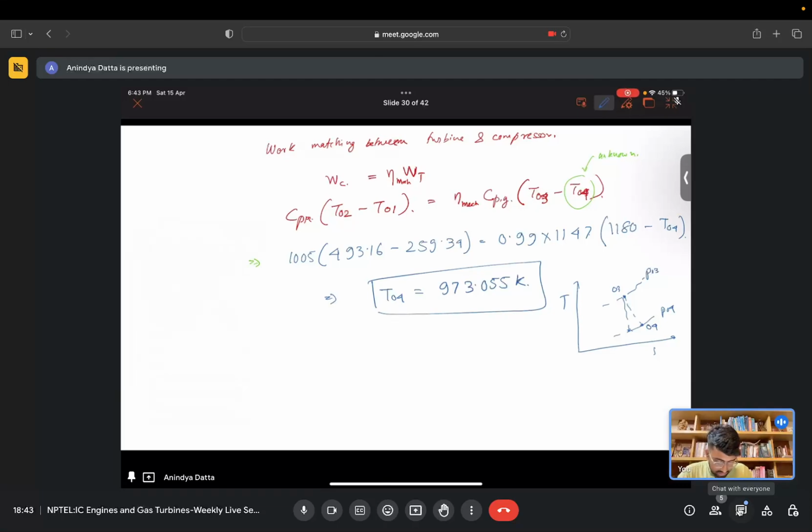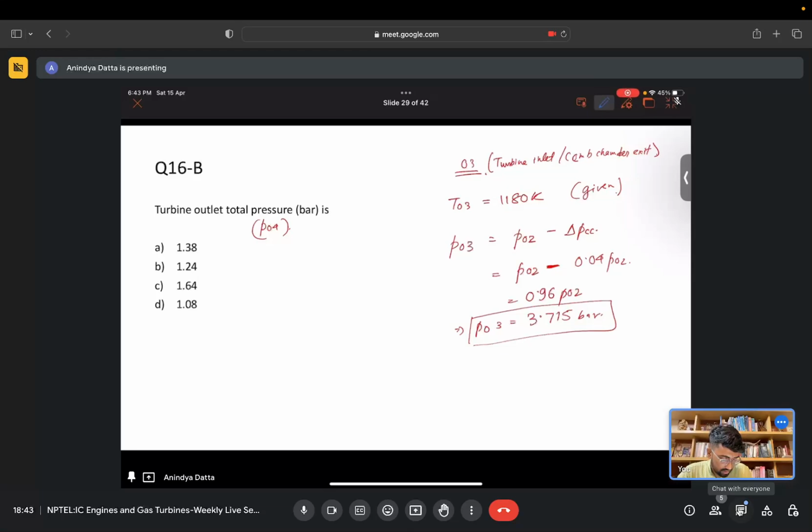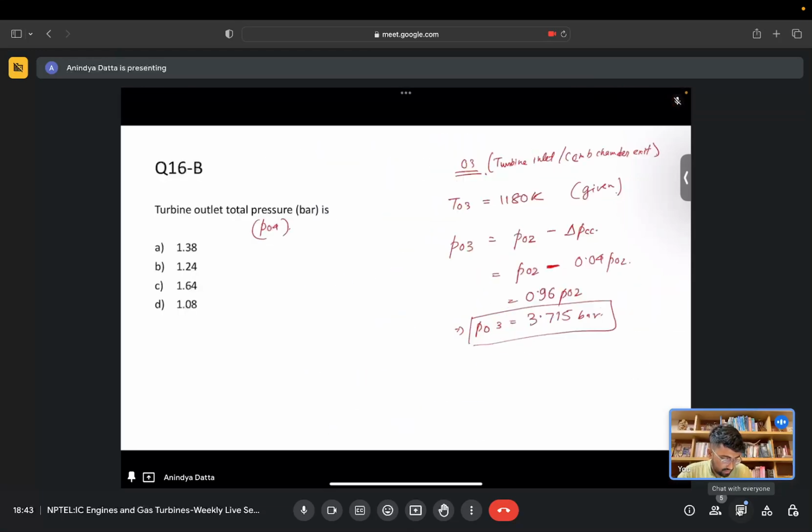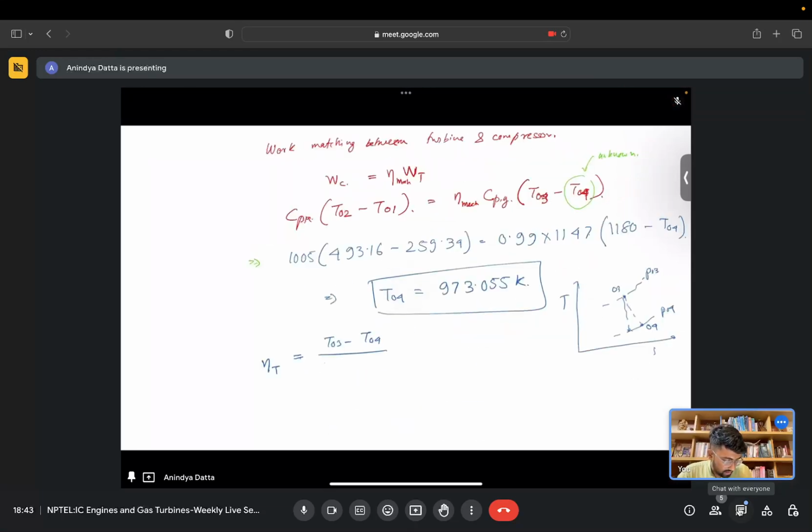What we can do is write the definition of nozzle turbine isentropic efficiency. That is T03 minus T04, the actual work, divided by the ideal, T03 minus T04s. So this is 04s.